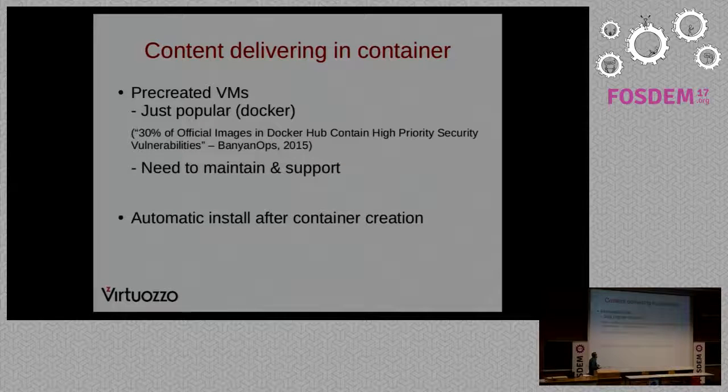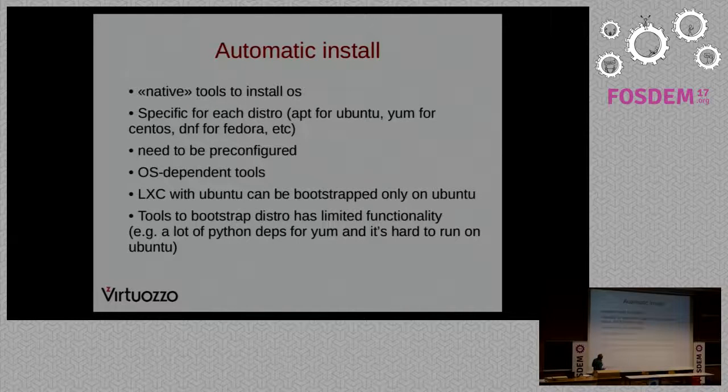And the third way is automatic creation, automatic install after container creation. This way we are using in Virtuozzo. For example, if you want to create an LXC container with CentOS in Ubuntu, it's hard because you need to find a way to bootstrap it.